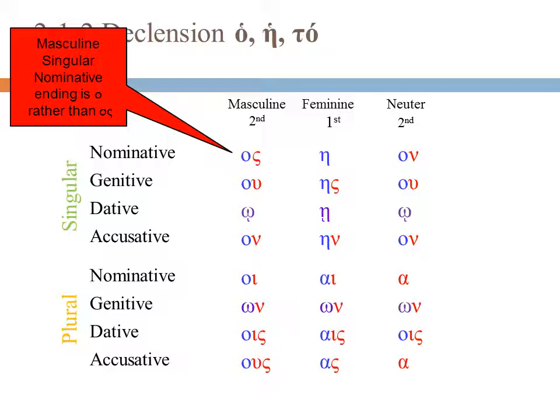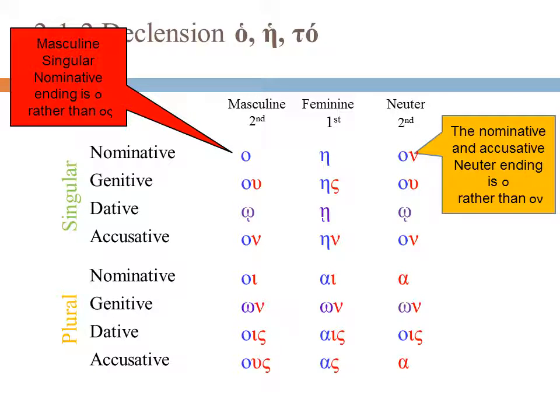The masculine singular nominative ending in the definite article is omicron rather than omicron sigma. Remember, the word logos, which was the nominative singular masculine, had an omicron sigma ending. The masculine singular nominative ending for the definite article loses that sigma.